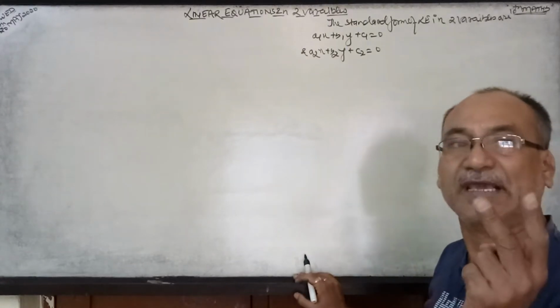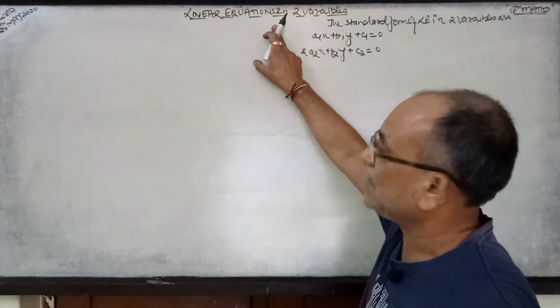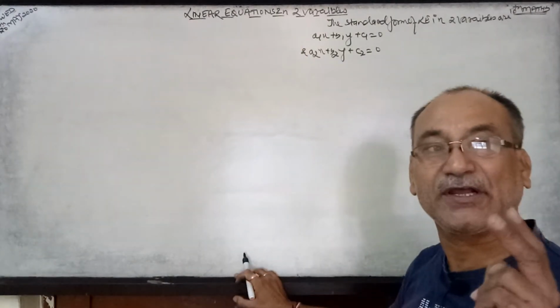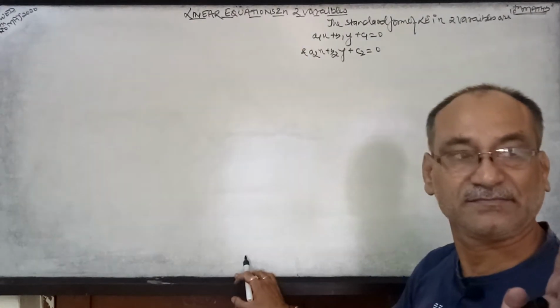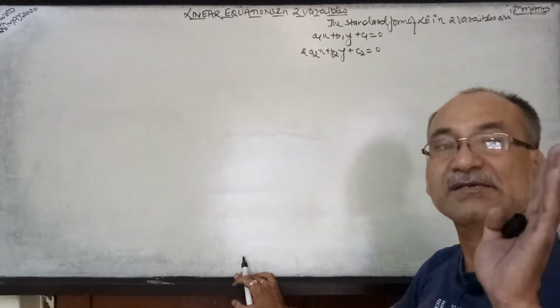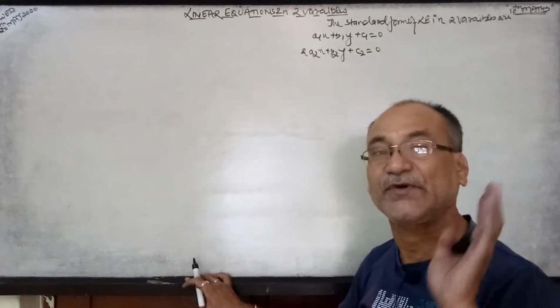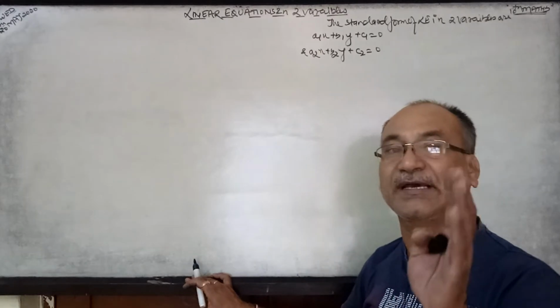When two equations are given, under this chapter we have to find out the value of x and y. There are 6 methods to find out the value of x and y.